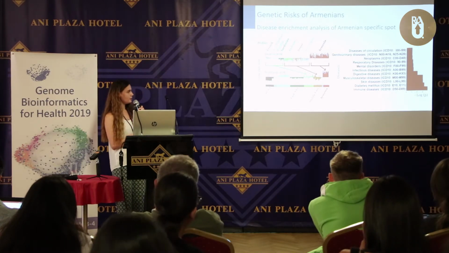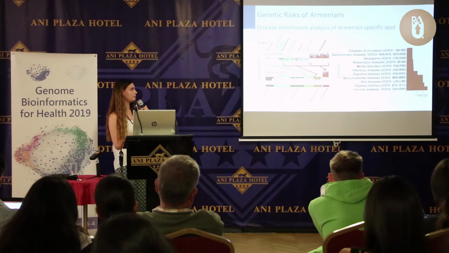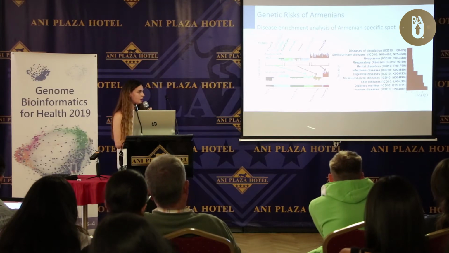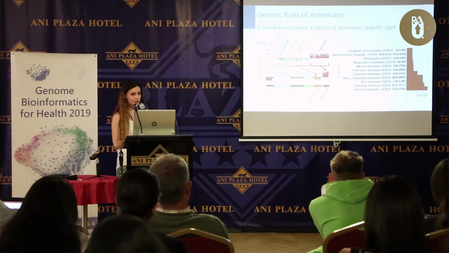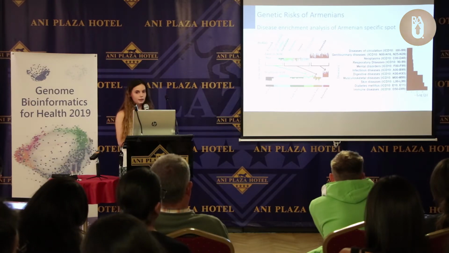And this is its distribution worldwide, where you can see that the Armenian population actually has very high mean allele score for their specific disease SNPs. And here is also the list of Armenian specific diseases which were reported during this analysis.